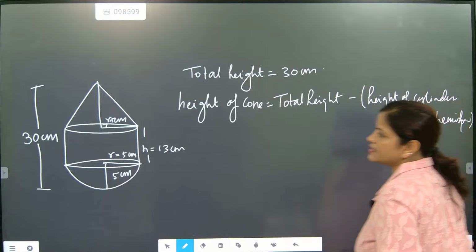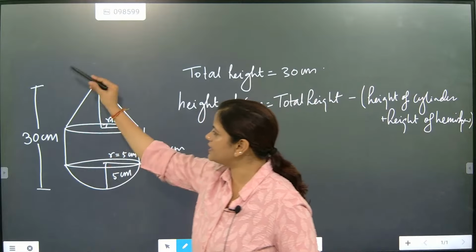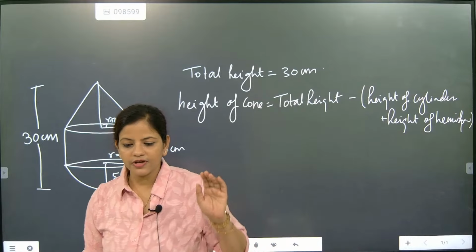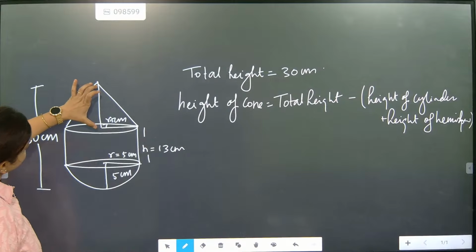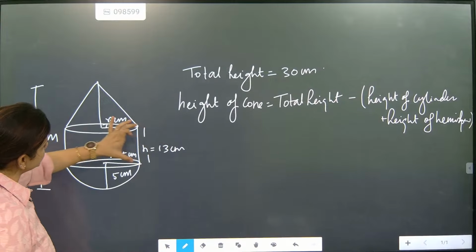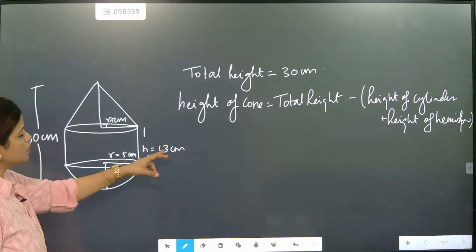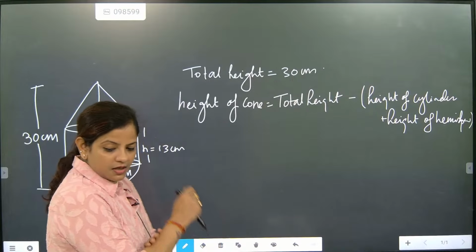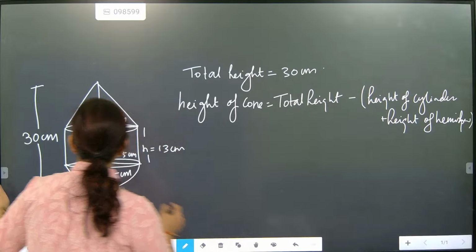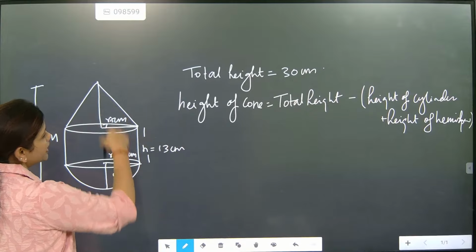Okay, so please understand this part. Total height is exactly 30 centimeter. This part is 13 centimeter and this part is 5 centimeter. Total how much is it coming? This is coming as 18 centimeter.